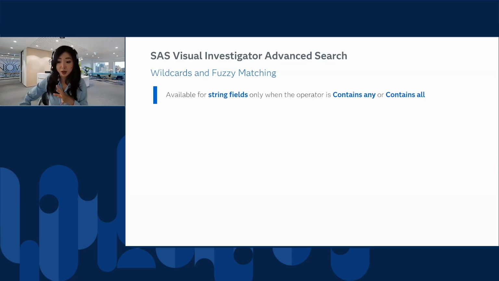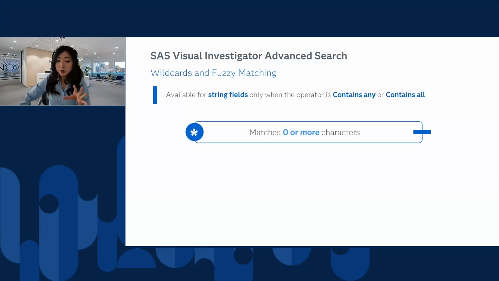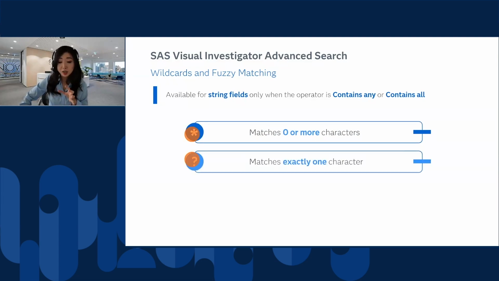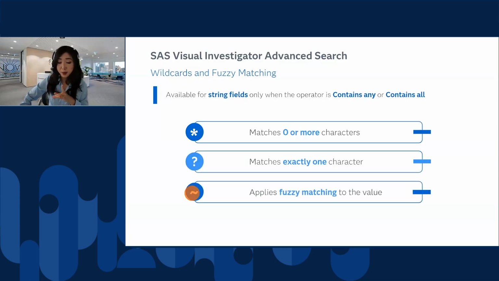And I will show you what that looks like later. Just as a reminder, the asterisk matches 0 or more characters. The question mark matches exactly one character. Tilde applies fuzzy matching to the value. This is different from the proximity search we showed in standard search. So this would be a single tilde following whatever your search term is.